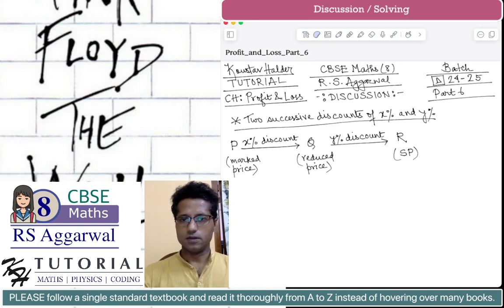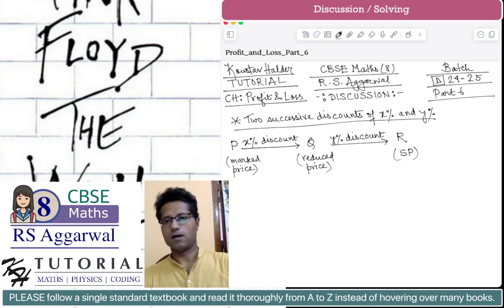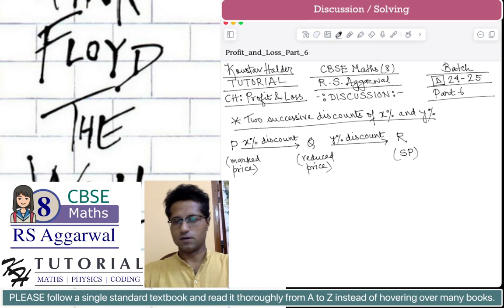So the dealer or the shopkeeper marks the price of an article a little higher than the cost price to make profit, and on that mark price a discount is given. Now sometimes successive discounts are given. Let's try to understand how successive discounts work.